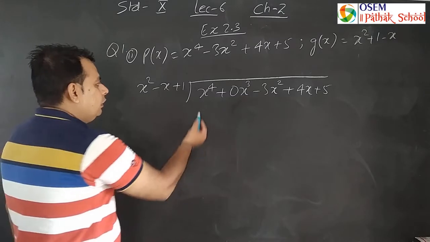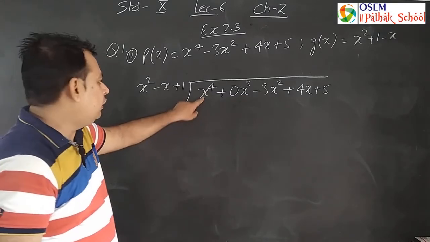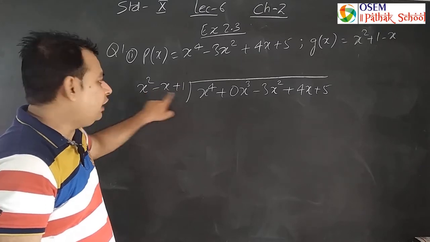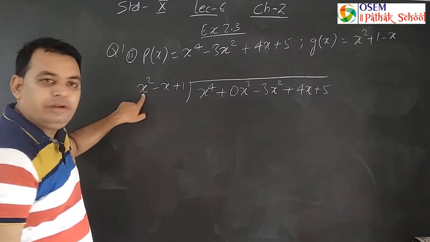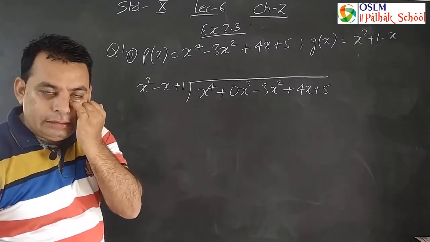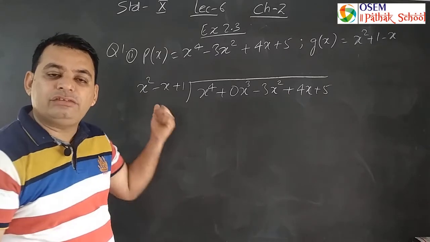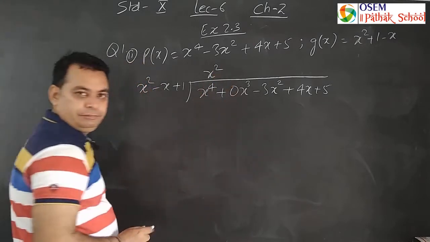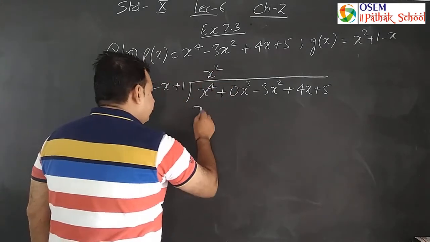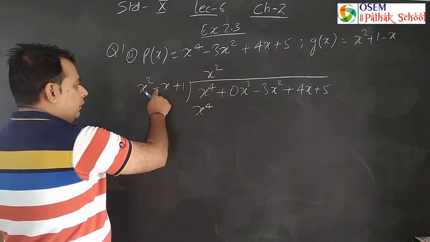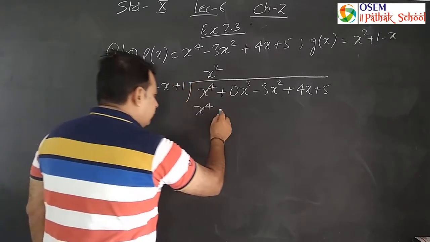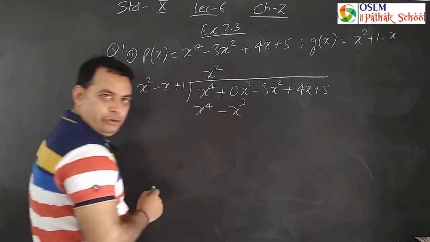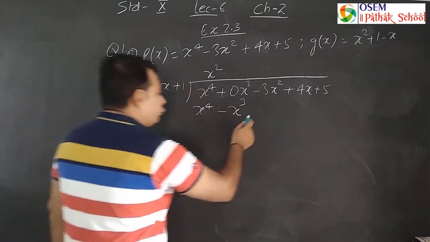Now see, what is the first term over here? x^4. And what is your divisor? x square. So what are you making? To get x^4, what do you have to multiply x square by? Yes, x square. x^4 minus x into x square is x cube, and 1 into x square.